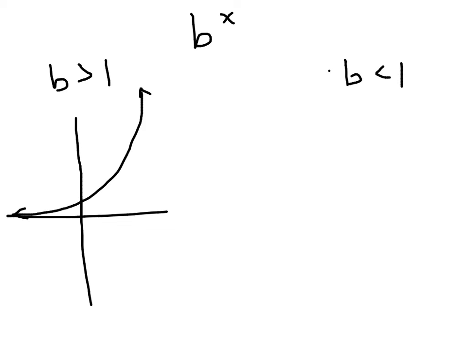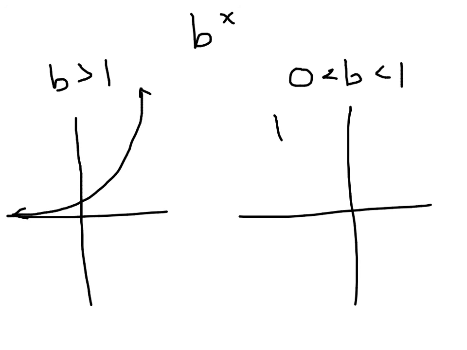If your b is between 0 and 1, that's exponential decay, so that's coming down the curve. I was also asked to put those up there for parents. This would also be the same as e to the x, and this would be the same as e to the negative x. Okay?